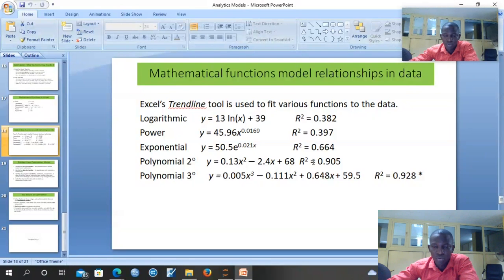Then we do the arithmetic. The same thing here: 10 raised to power 3 multiplied by this value, 10 raised to power 2 multiplied by the coefficient, 10 multiplied by its coefficient, then we do the addition and subtraction as the case may be. So we need to take note and explore all possible model variations that are possible.